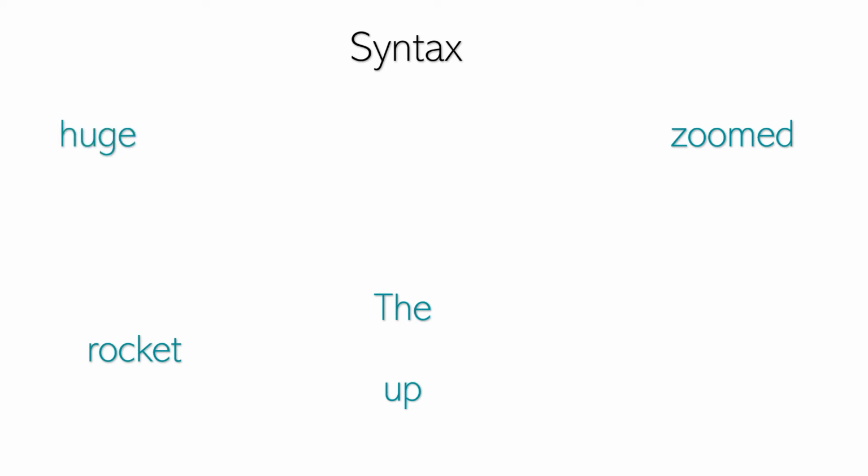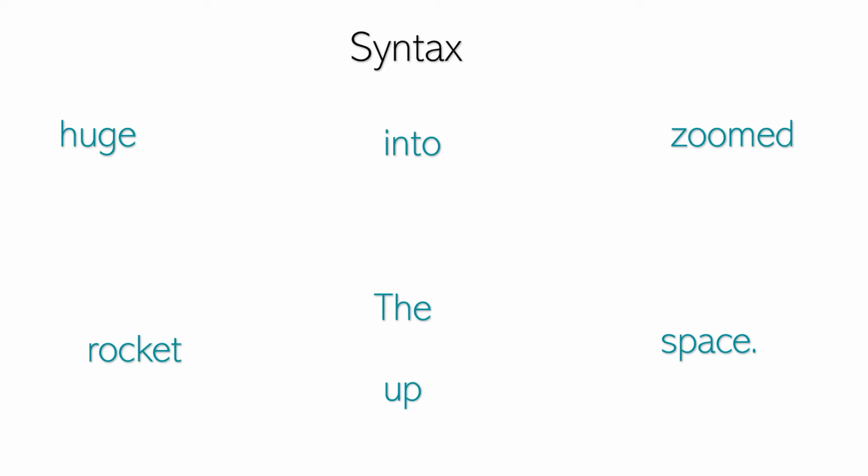And finally, we have syntax. So syntax is where we put these words in the right order to make sentences that make sense. So here are some typical words: the, zoomed, up, rocket, huge, space, into. So these words on their own make no sense, and if you don't know how to put them in the right order, again it will not make any sense.